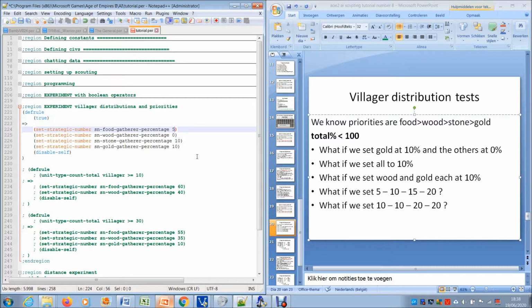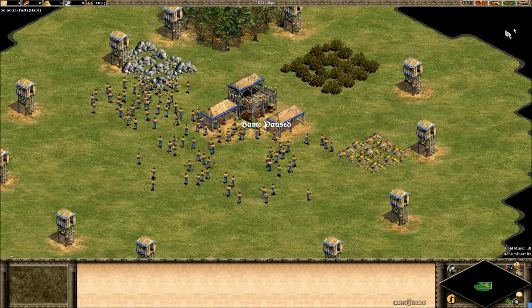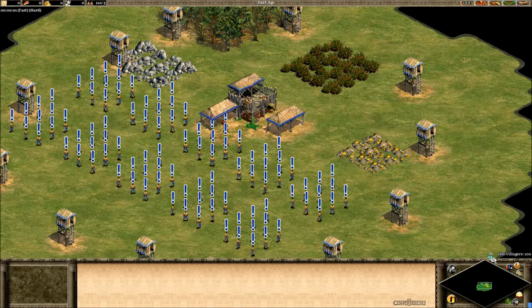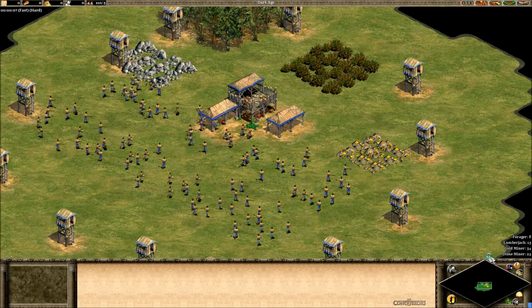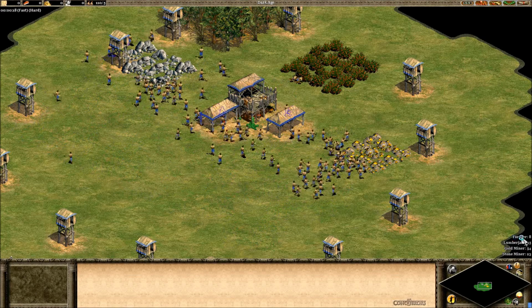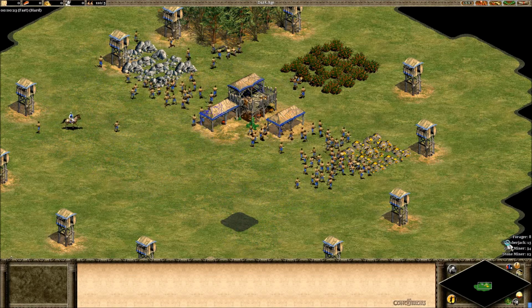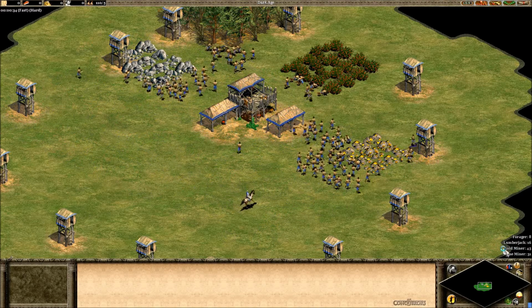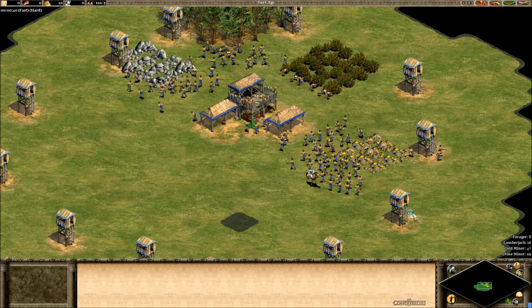What if we set 5, 10, 15 and 20? We see food, lumberjacks, stone miners, and then a bulk sum of villagers on gold.